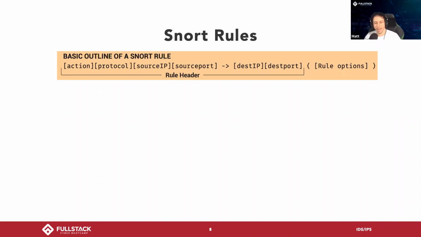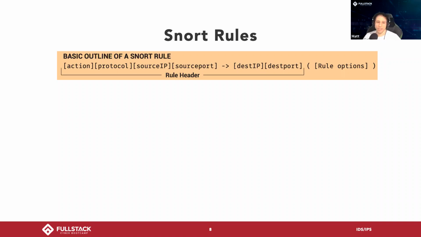I'm trying to block a known malicious IP address from reaching my web server. I want a known malicious IP address that's 10.10.10.10, and my web server is 11.11.11.11. Okay. So then the source IP would be 10.10.10.10.